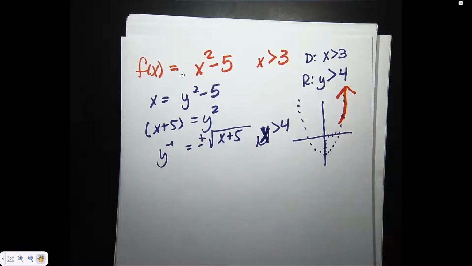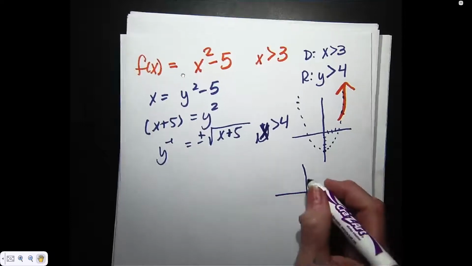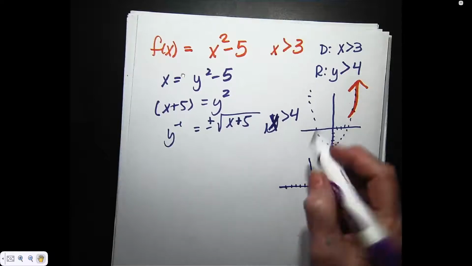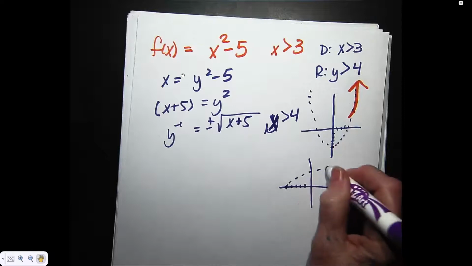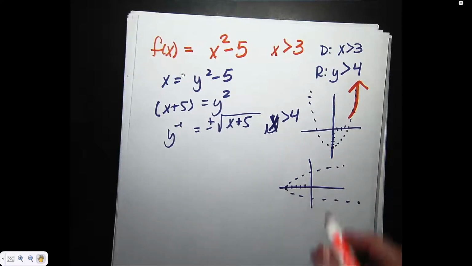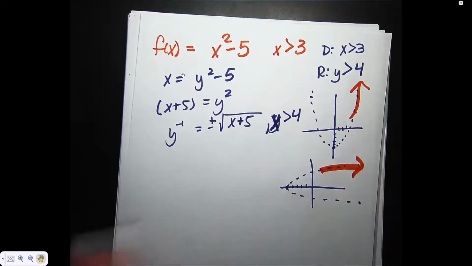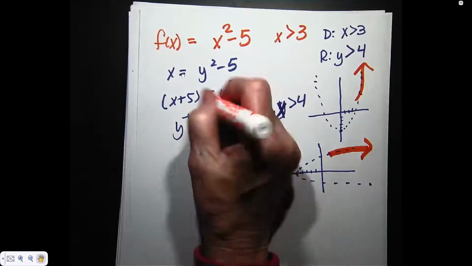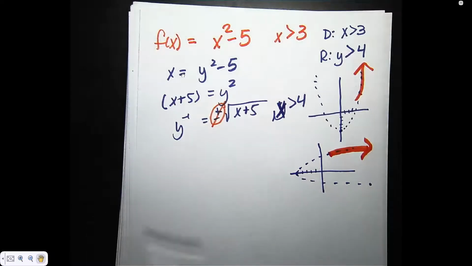And if I look at the inverse of this problem, this would have started back here, and it would have looked like this. I need x to be greater than 4, so I need the part that comes up here, not the part that comes down here. So this time, plus or minus is not important in my answer.